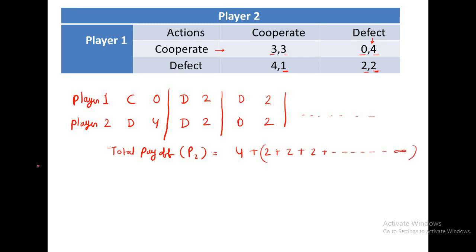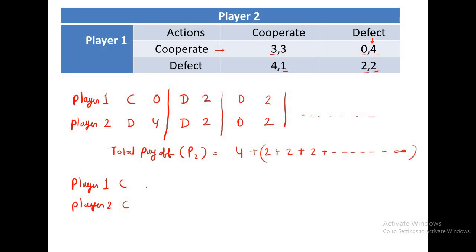Okay. Now what would happen if player 1 chooses cooperate and player 2 also chooses cooperate? Both are taking a risk, because this is the very first iteration and both have no idea about the other player's strategy. They know that if both take cooperate, they can get a high payoff in comparison with defect.